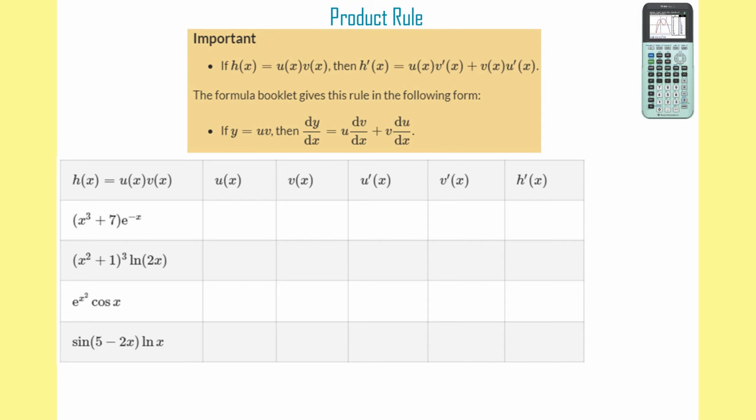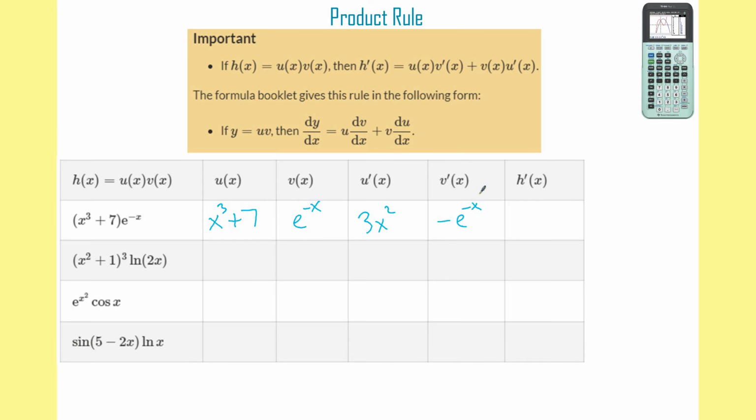Okay, so product rule. The idea here is if you've got two functions multiplying together, think of them as two separate things. So we have u of x can be x cubed plus 7, while the other one can be e to the negative x. You do the derivative of each one. So this would just be 3x squared, and this one should just be negative e to the negative x.